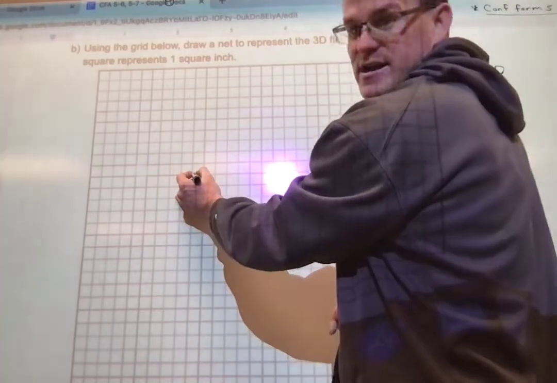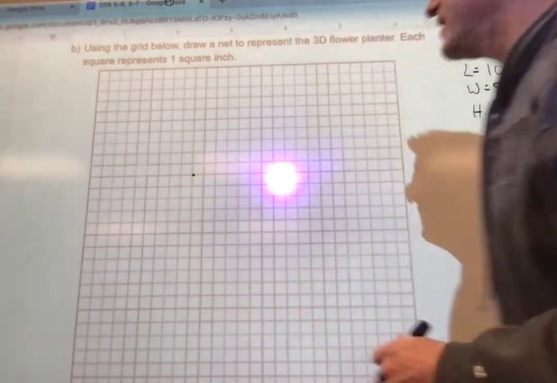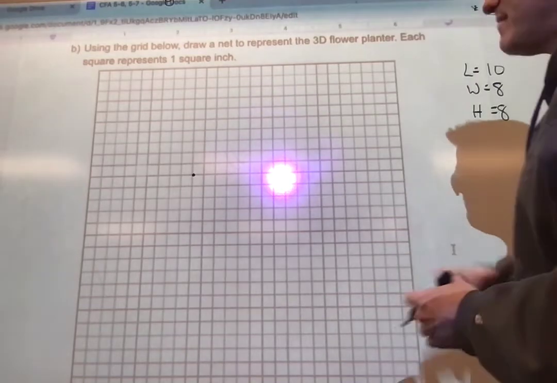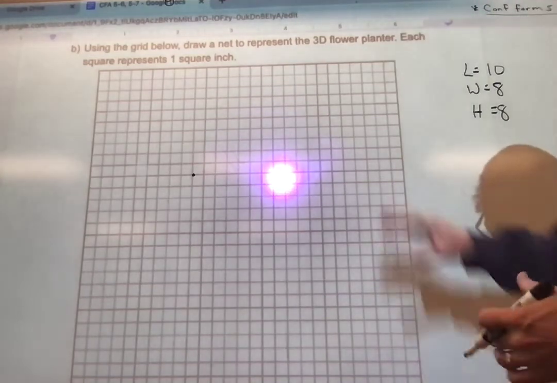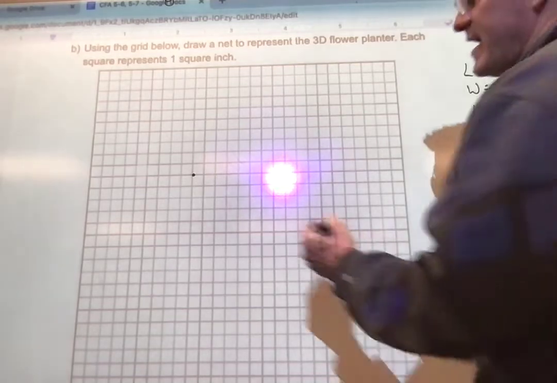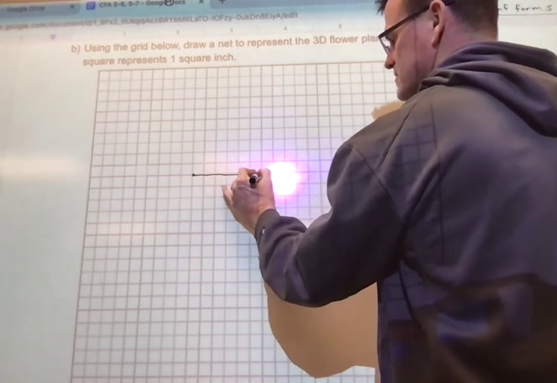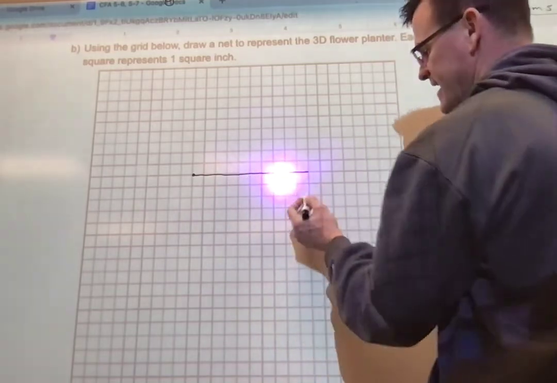I'm going to try and center this up here, and we'll start about right here. I like to draw the bottom first of this planter, and I know the bottom dimension is 10 by 8. You can be looking up top back on yours. I'm going to go over 10 and down 8.